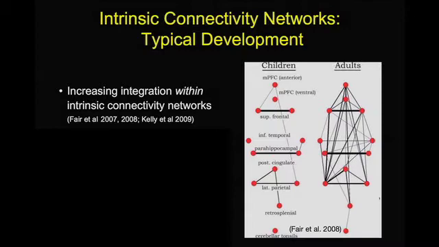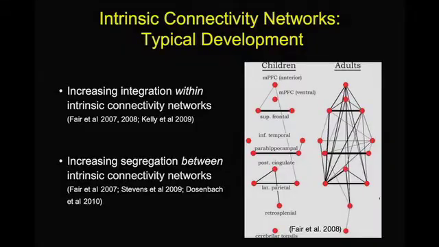I hope you can glance that there are many more connections in the adults that you see between the nodes of this network than in children. And the second point is that there is actually also increasing segregation between different networks. So you see here that in the adult, these two networks are completely segregated. There is no point in common, whereas in the children, you still see some nodes that kind of link the two together.